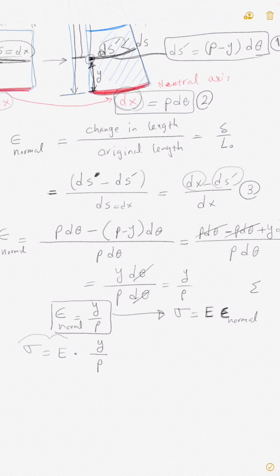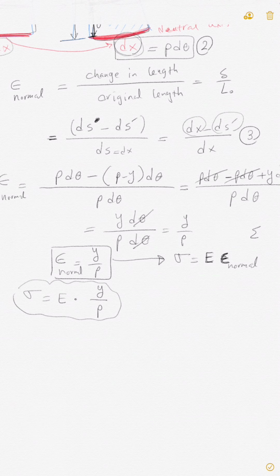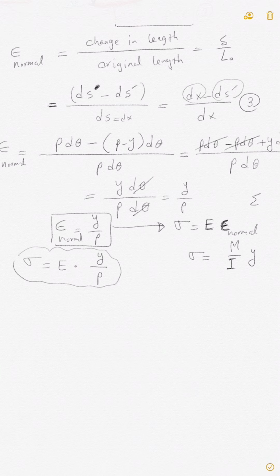So far, we ended up with this equation. But also, if I go back to my lecture videos on YouTube or your notes, to the very early classes when we derived the flexure formula, we found sigma is equal to M over I times y. And what was that? That was the normal stress generated by bending at any location that is deviated by the amount y from the neutral axis.